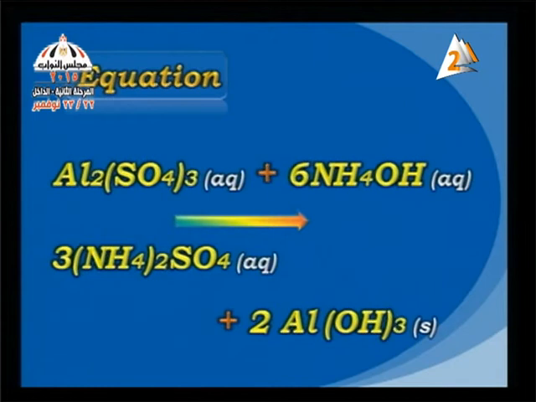2Al(OH)3. What is this? This is aluminum hydroxide. It's good to say that this aluminum hydroxide is the important one. Why? Because we depend on the reaction here and on the solid state. It's good, and aluminum cation.